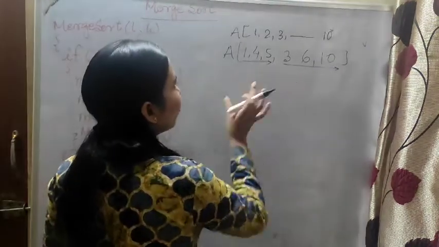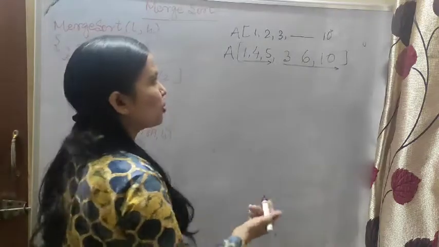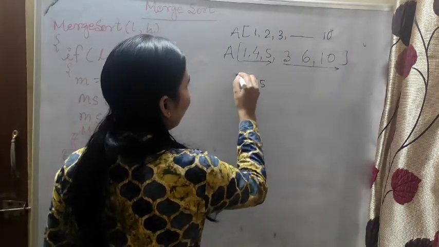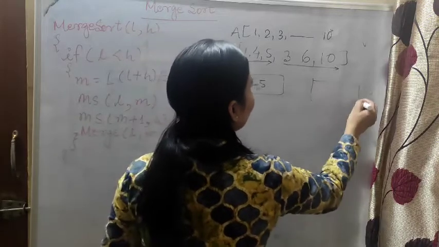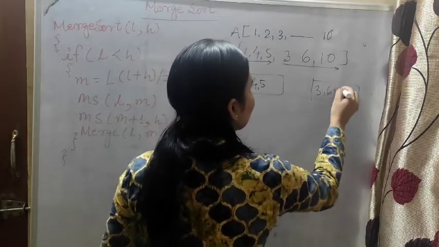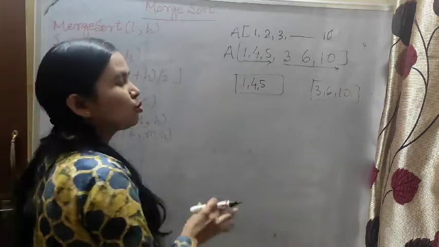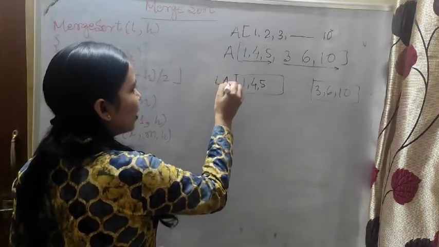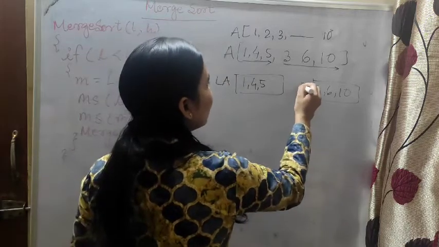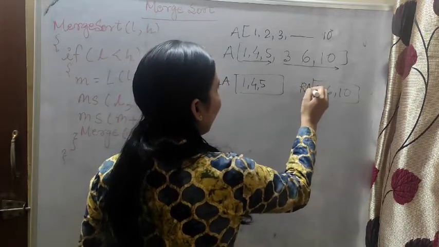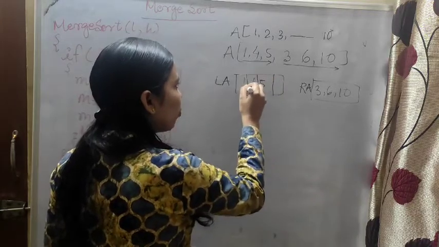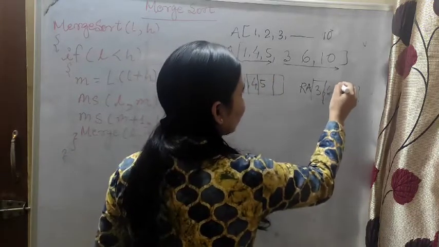First we split it into two subarrays: 1, 4, 5 will come in one part and 3, 6 and 10 in another part. Let's assume this is the left subarray and this is the right subarray. These are the two parts.